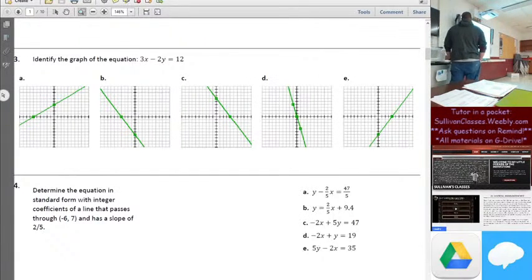Got a whole bunch of graphs. Which one is this? Do y'all remember being able to graph using intercepts? Now you can choose.